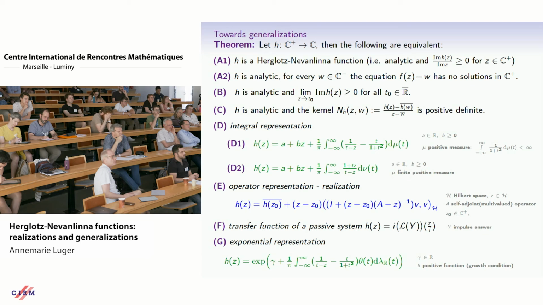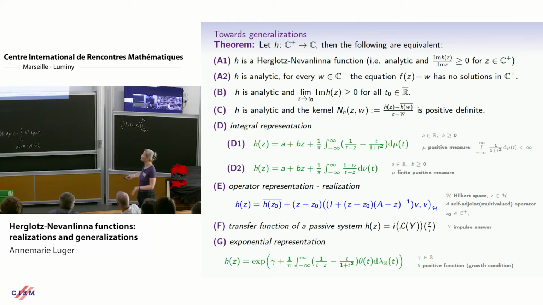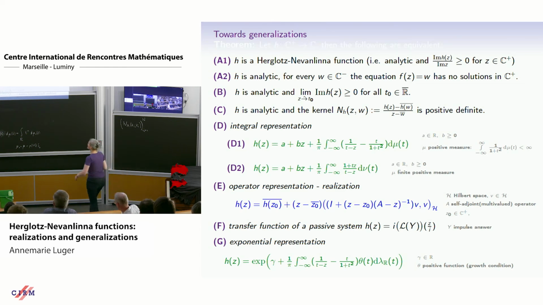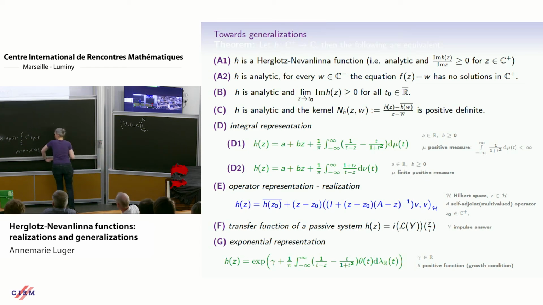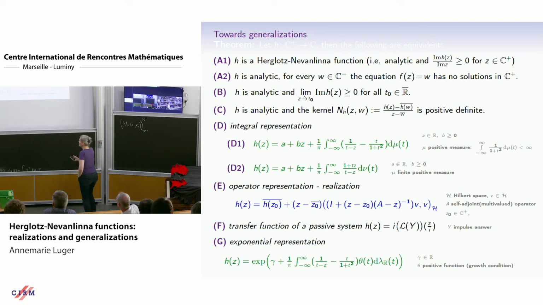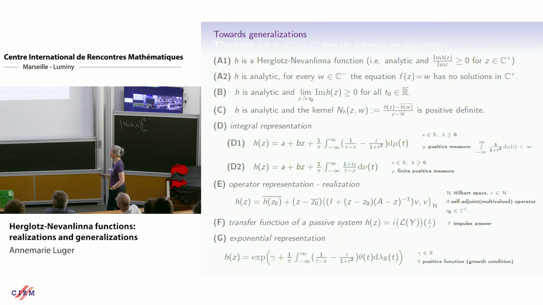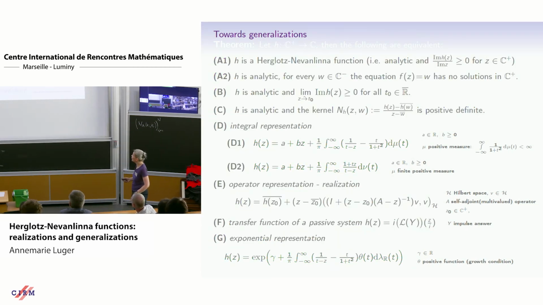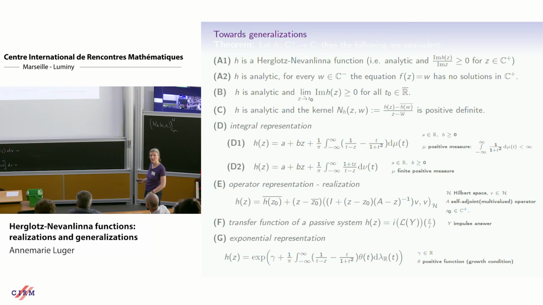So now we have seen everything that we wanted to say about the Herglotz-Nevanlinna functions. Now we are on the way to generalization. So my idea is now to look at this long list of equivalent properties and see them simply as properties, and then go through them and look at what we can generalize and what we get then.